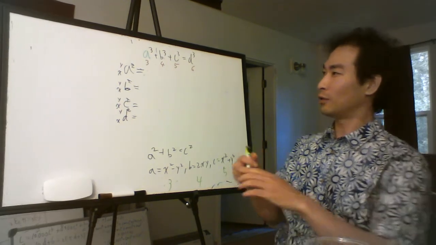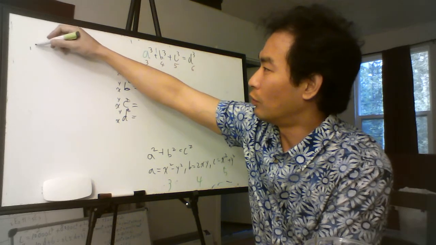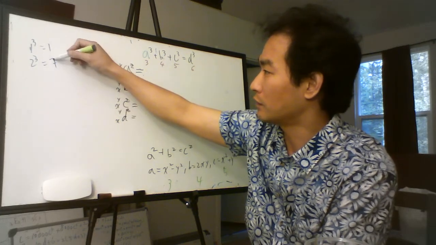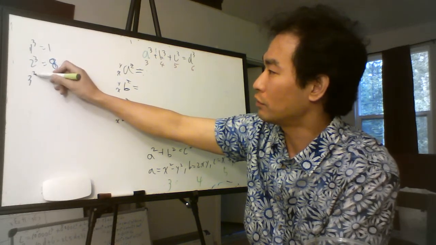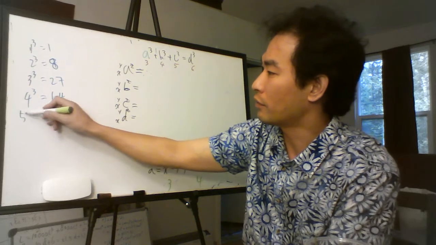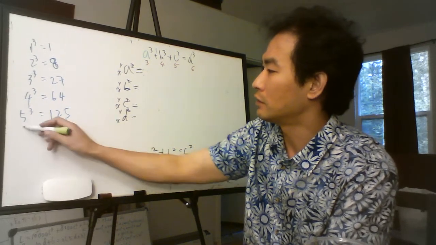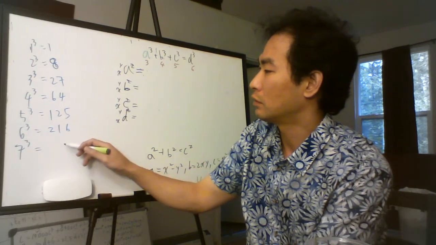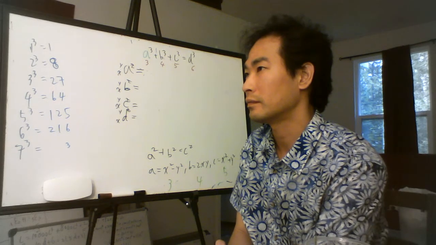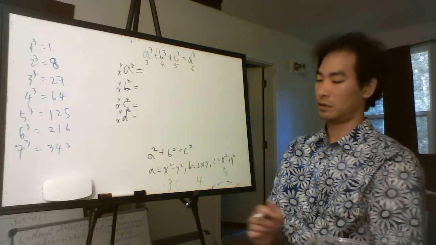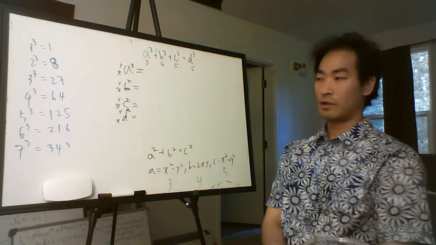Okay, well, let's draw some nice table. 1 to the third is 1, right? 2 to the third, not 7, 8. 3 to the third, 27. 4 to the third, 64. 5 to the third, 125. 6 to the third, 7 to the third, with 50 times 7, 350, right?